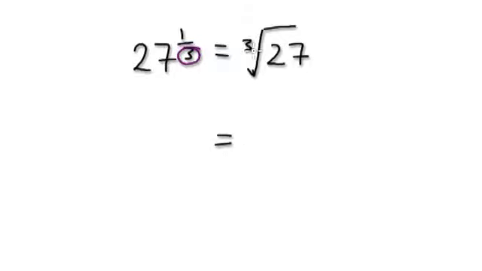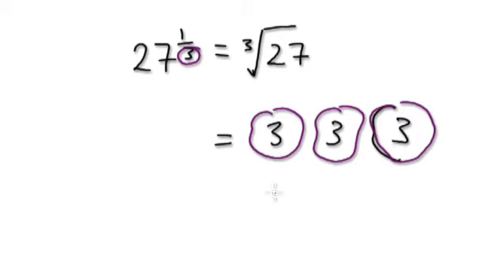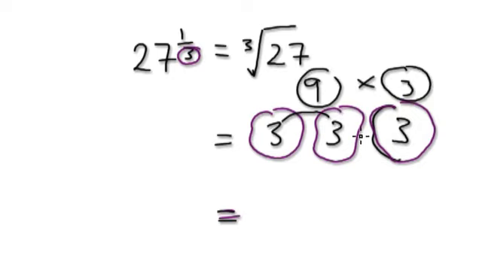You've got to look for a number which, when you times it by itself 3 times, gives you 27. Well, it happens to be 3, because 3 times 3 would be 9, and then you still have to times 3. 9 times 3 is 27. So the cube root of 27 is 3.